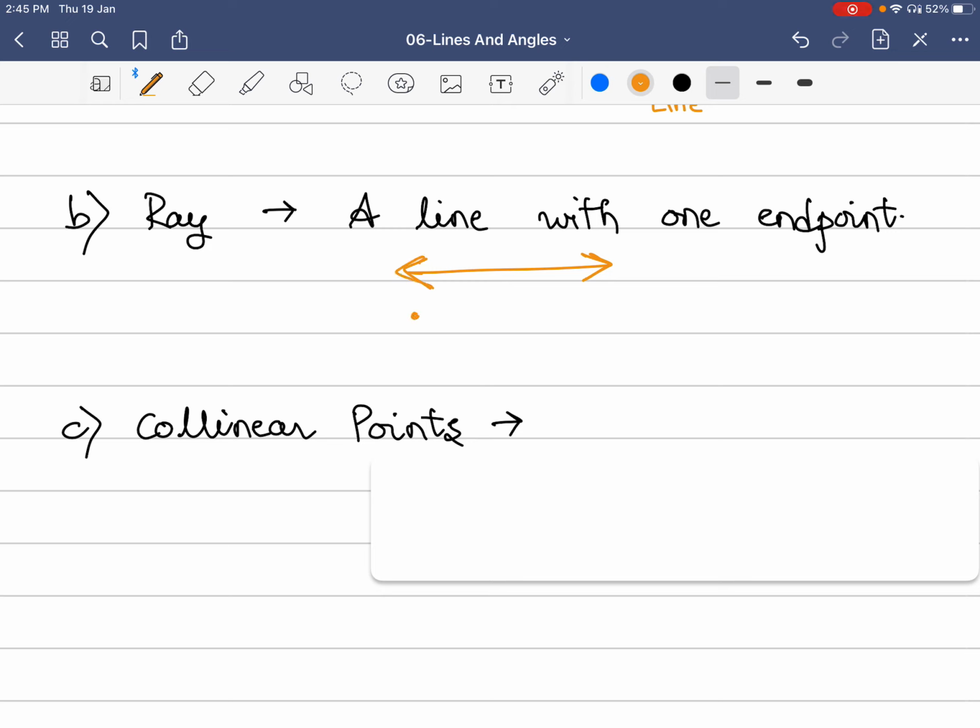A line segment will have two endpoints, whereas a ray is the one which has only one endpoint. So this is one endpoint of the ray and the other one is going to be an arrow. In order to avoid the confusion, let's erase this. This is the diagrammatic representation of a ray. This is the endpoint, and this is the arrow which shows an infinite extension.